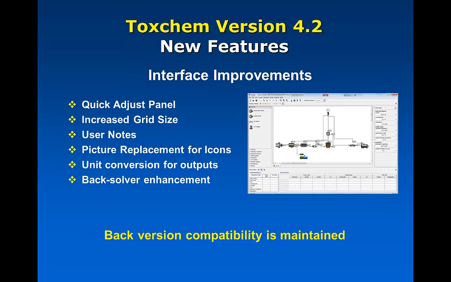We have also made some enhancements to the backsolver, and while doing all these changes, we have ascertained that backward version compatibility is maintained. That is, the layouts which you have created in versions 4.0 and 4.1 can be imported into version 4.2 without any problem.